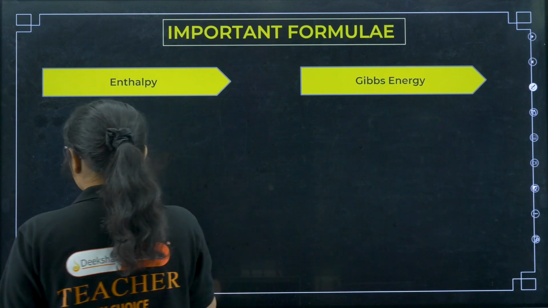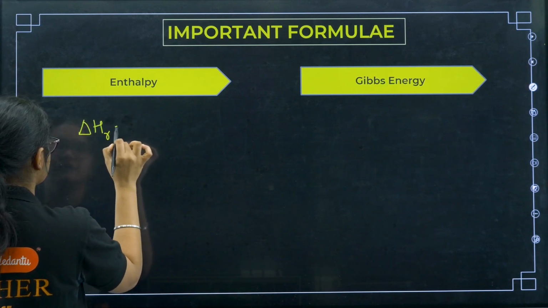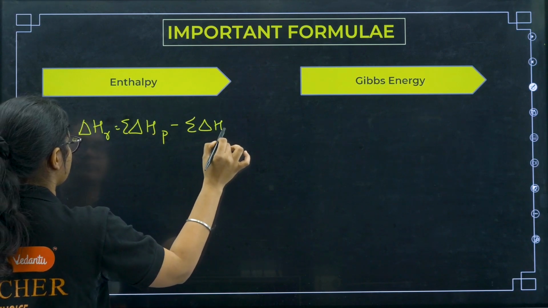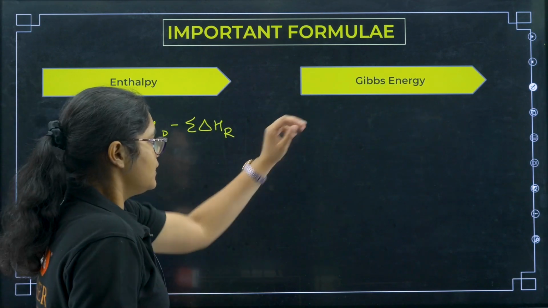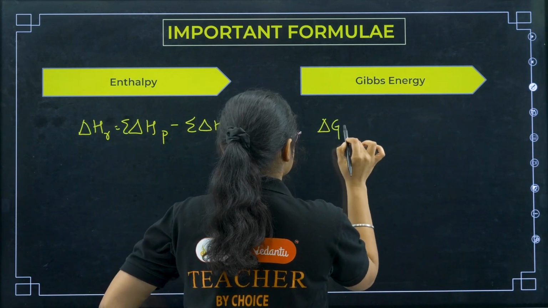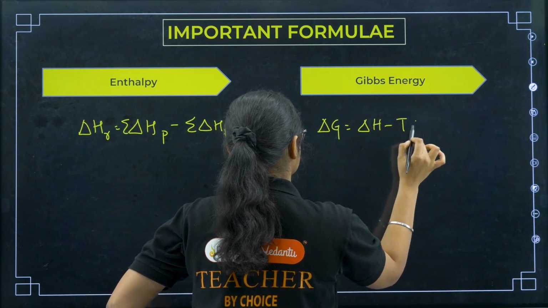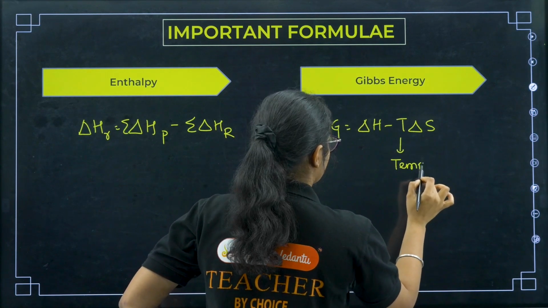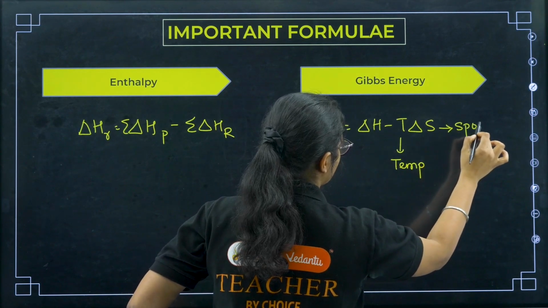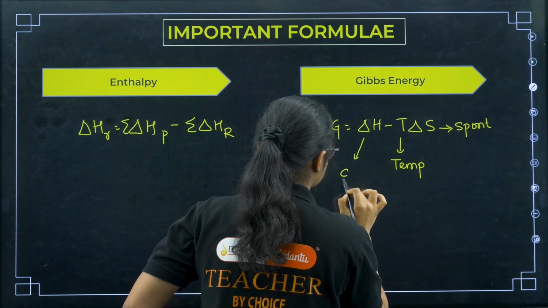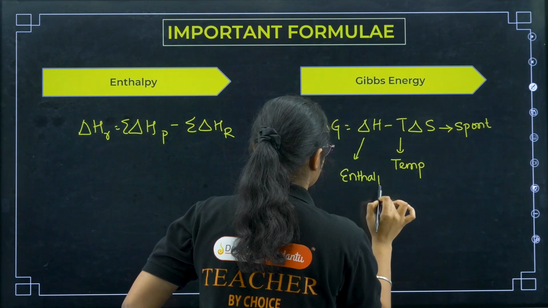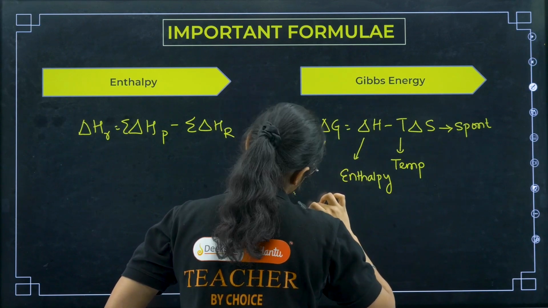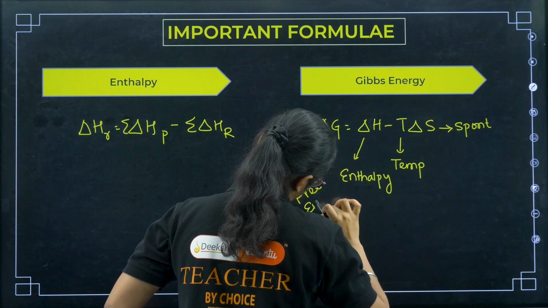Next, enthalpy, what is the formula? Enthalpy of a reaction is equal to the total enthalpy of products minus the total enthalpy of reactants, okay. Next, Gibbs free energy: ΔG = ΔH - TΔS, okay. So here T is temperature, ΔS is entropy, ΔH is enthalpy, ΔG is Gibbs free energy, okay.